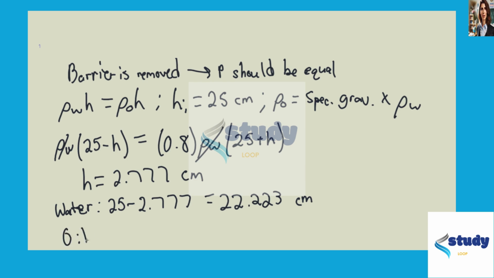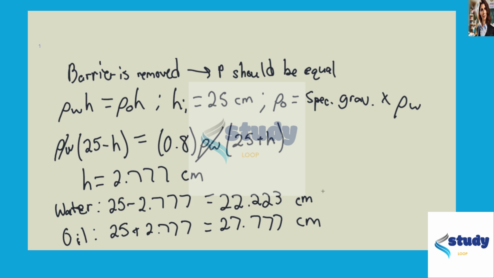For the oil, we have 25 plus 2.777, and this is going to be 27.777 centimeters. So as you can see, because the density of the water is greater, the height is going to actually decrease, and because of this, in turn, the height of the oil will increase.